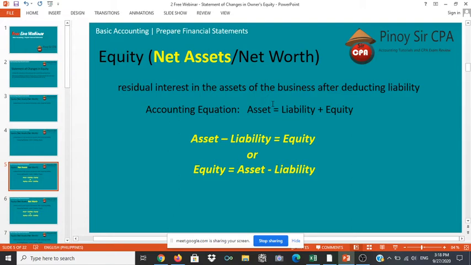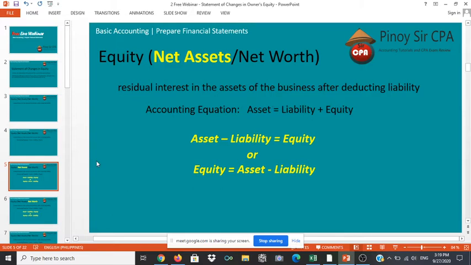Kaya siya, net income. Tama? But the question here, palagi bang ang total assets ay mas malaki sa total liability? Is that always the case that total assets exceeds the total liability of the business? No po. Hindi. Tama? And we will answer that later. Okay? We will answer that later.